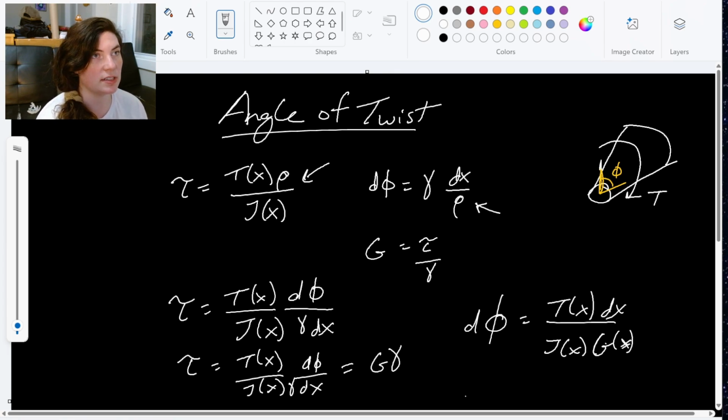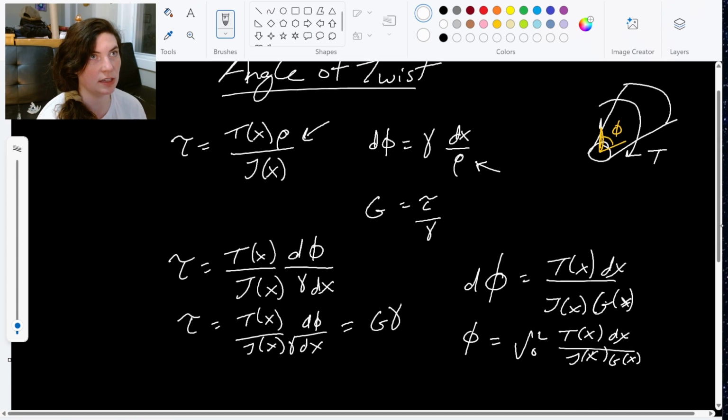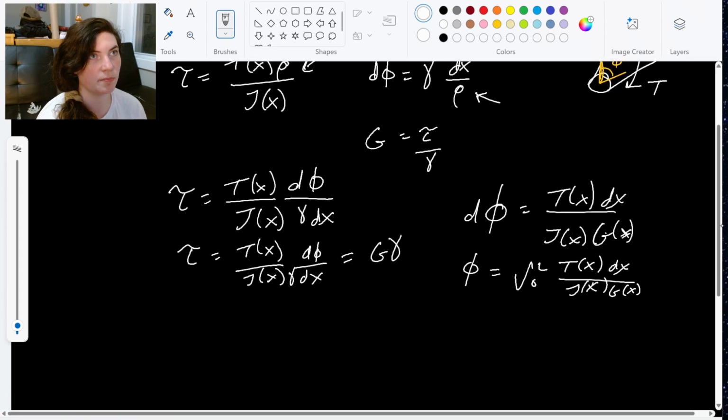And what this gives us is this handy angle of twist equation as an integral from 0 to the full length of our torsion, dx over polar moment of inertia of x times shear modulus of elasticity.